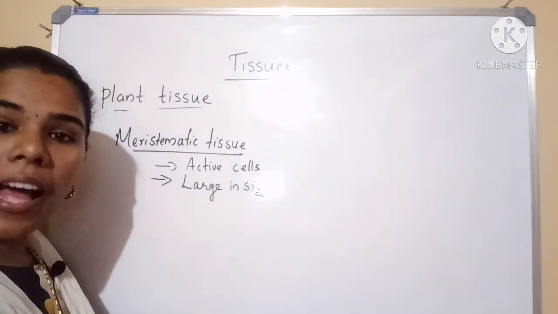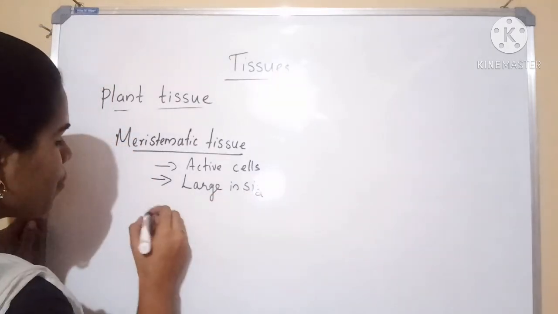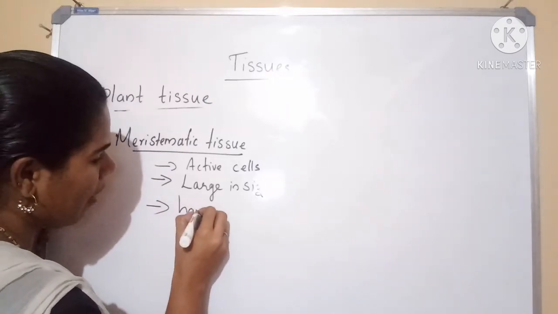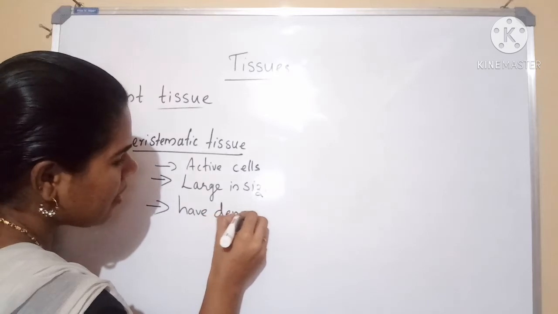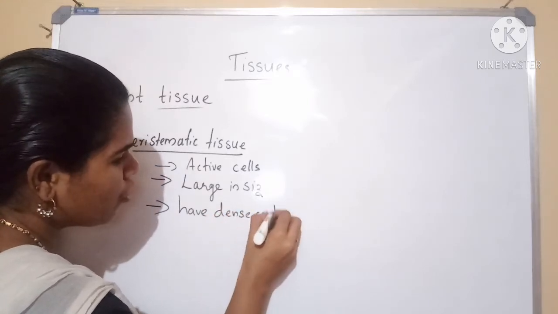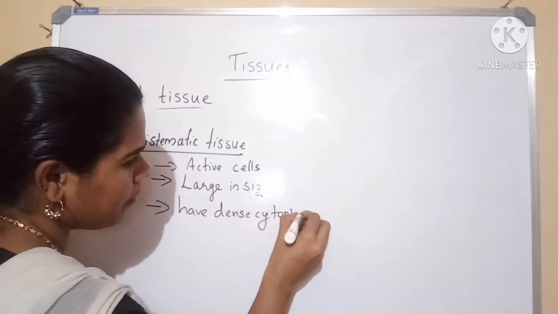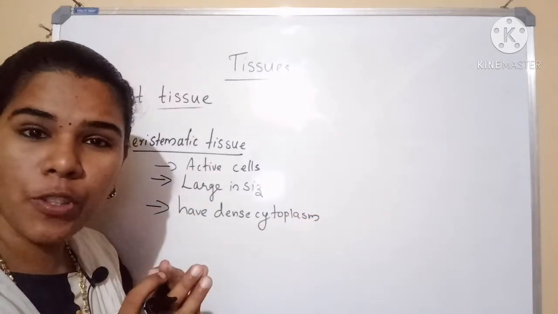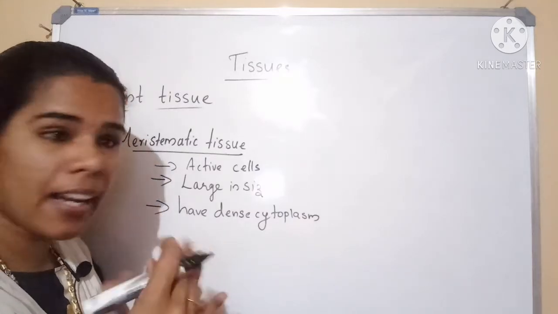Meristematic tissues have dense cytoplasm, which means the cytoplasm content is high.